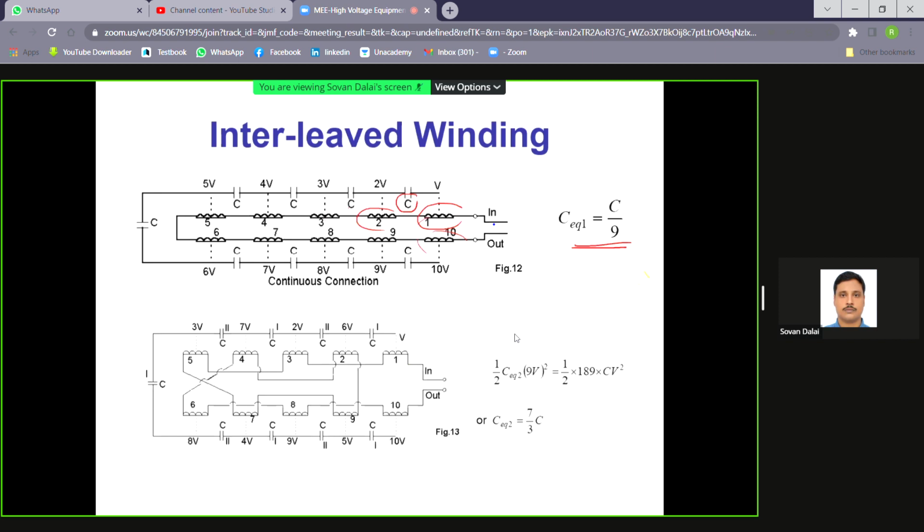Some capacitance is formed between two discs, between 1 and 2 C, and between 2 and 3 C in that way, and every capacitance value is identical because they are subjected to the same voltage level, and physically the parameters are also the same. So if you find the equivalent capacitance, that is C by 9. Is it clear to all of you?